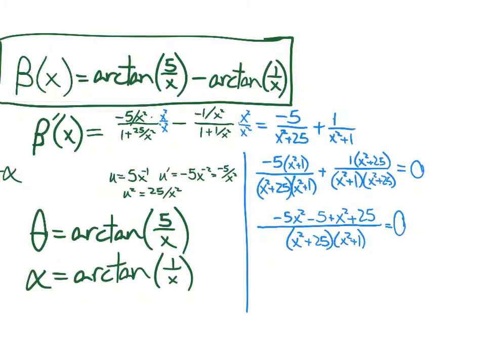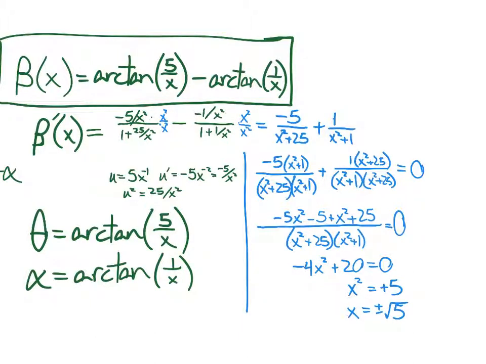Simplify the numerator. And notice here, at this point I can disregard the denominator because it's never going to equal 0. So I'm just going to look at this negative 4x squared plus 20 in my numerator. That means x squared equals a positive 5, so x is plus or minus square root of 5.